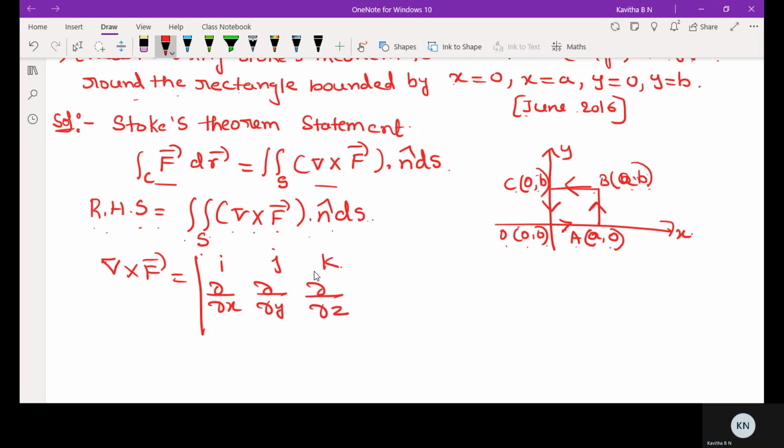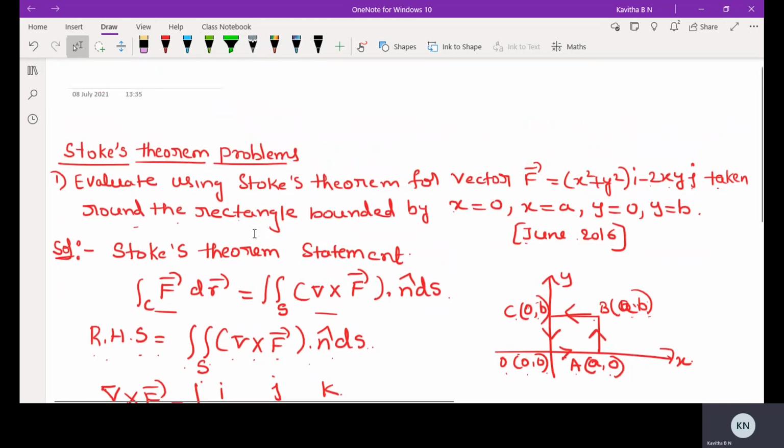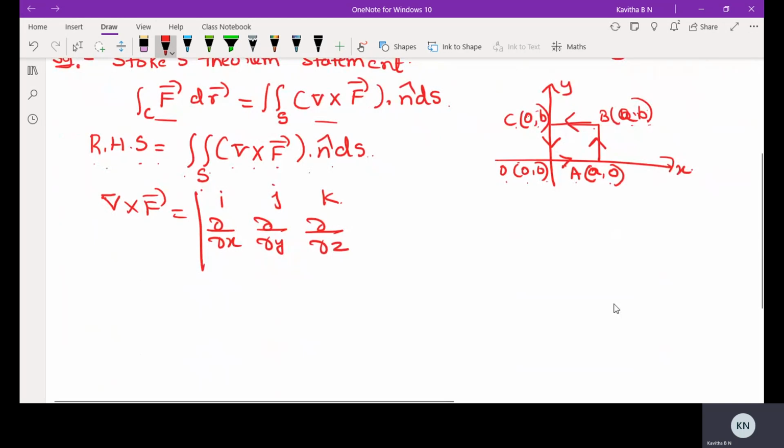In the problem, the i term is x square plus y square, j is minus 2xy, and k is not present. In place of k we write 0.